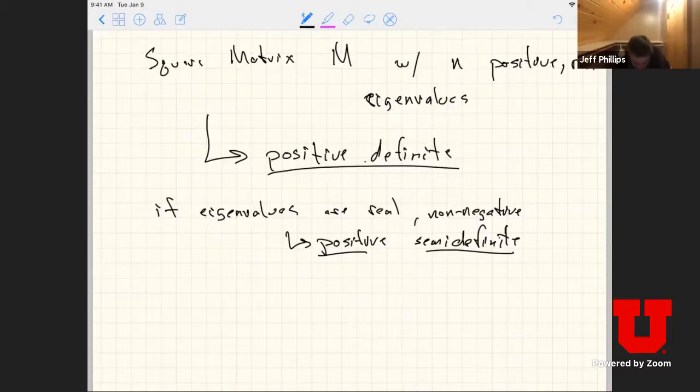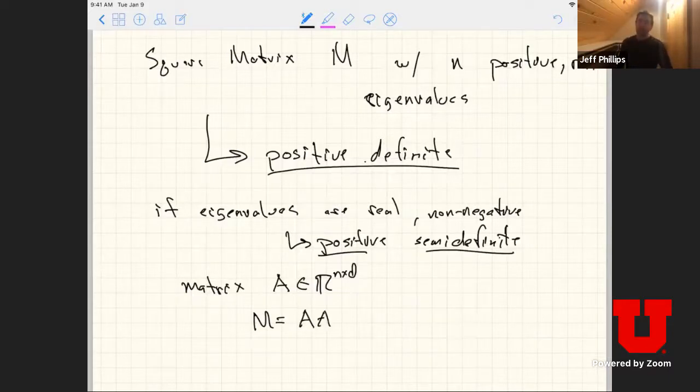A typical way of doing that is if I have a matrix A, which is n by d, then I can set M to be equal to A times A transpose. A is an n by d matrix, A transpose is going to be a d by n matrix, so the result is going to be an n by n matrix.